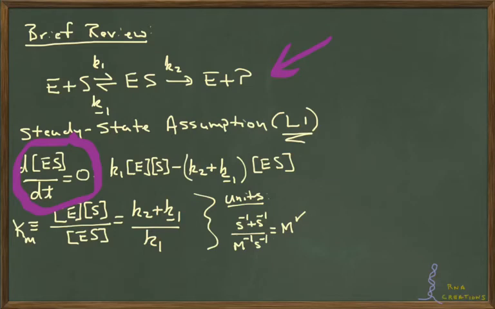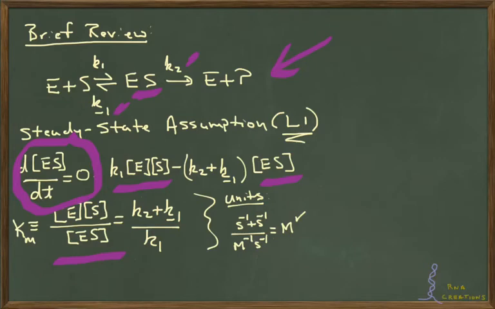And so when we write down the rate law for ES, ES is connected by 3 channels, one which goes in at k1, and so that's positive, and that gives you the k1 E S term, and then 2 that drain out, k minus 1 and k2, and that gives you this term. And then when you rearrange that and write it out as what you think is going to be a KD, but really is the Km, you show that Km is equal to (k2 plus k minus 1) over k1.